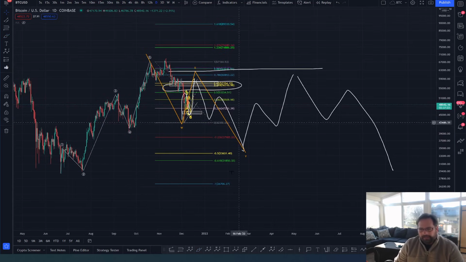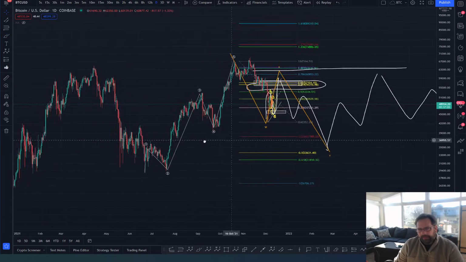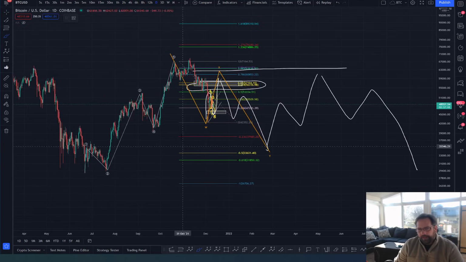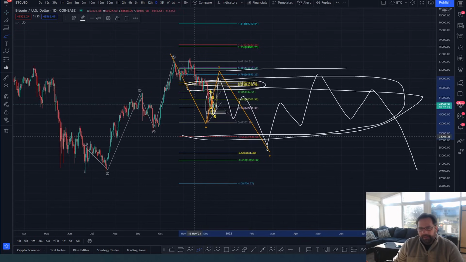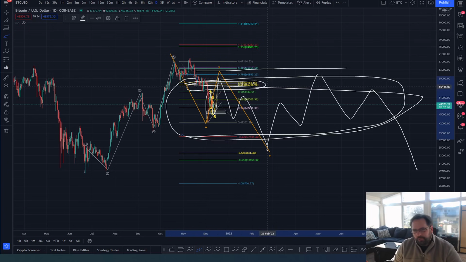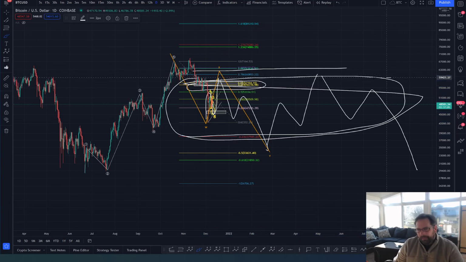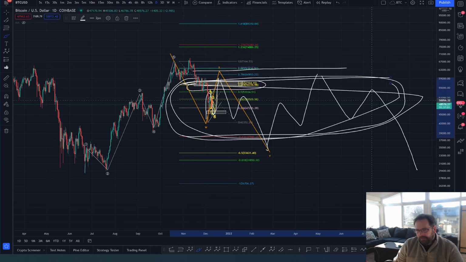Okay, where we stay in this price range. We stay in this price range over the next year. You see that with a lot of chop. And the uncertainty in the market right now and in the world because of COVID and the economy and war looming and everything else, this might indeed be what we're looking at. Okay? With a final dump later on that could go all the way down to 20K.